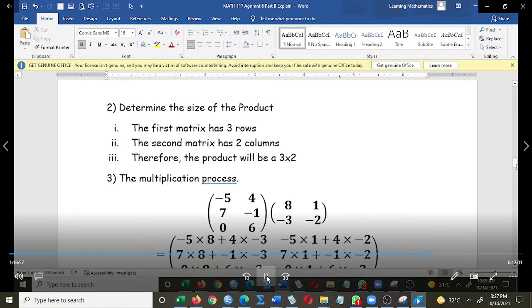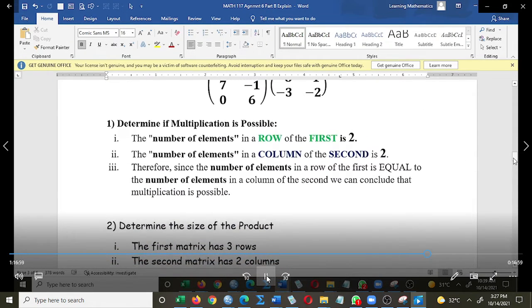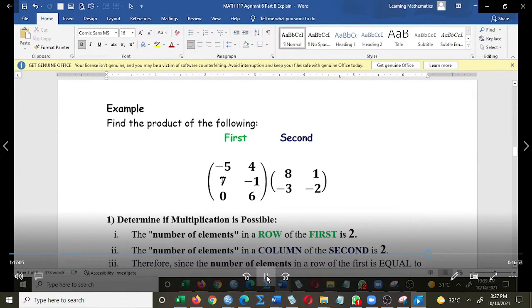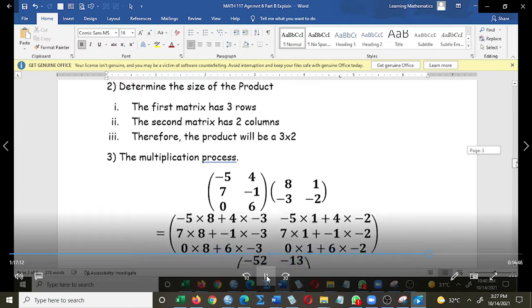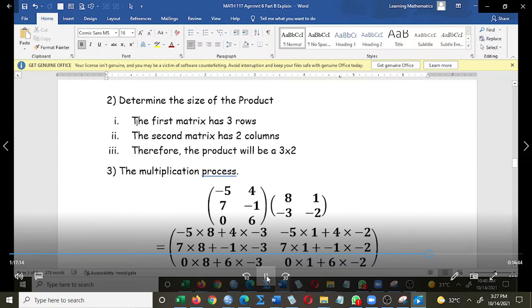Elements is when you're talking about if multiplication is possible, because you want to know who to match and who to match, 5 going to match, 4 going to match. So you're talking about elements. But when you're talking about size, you're not talking about elements. You're talking about the number of rows of the first and the number of columns of the second.